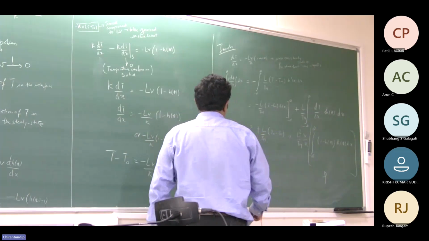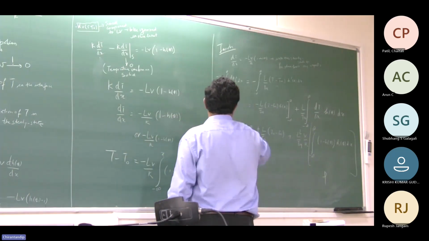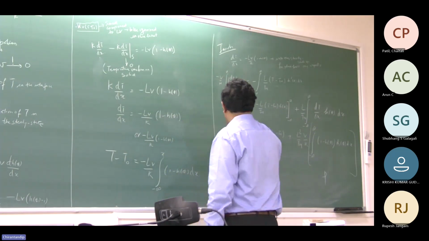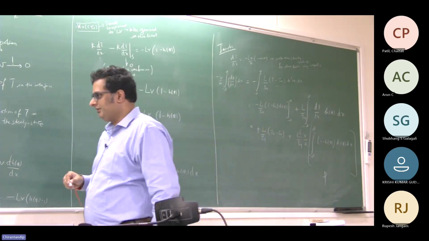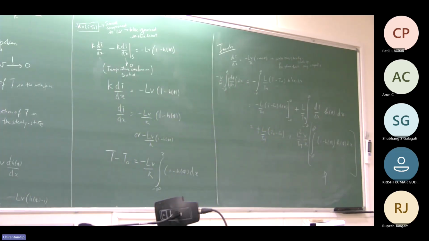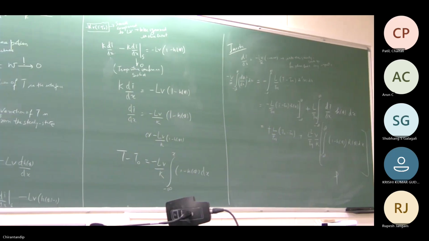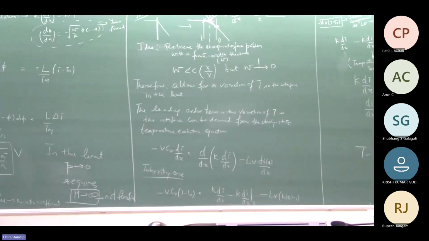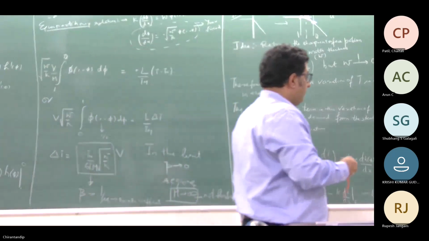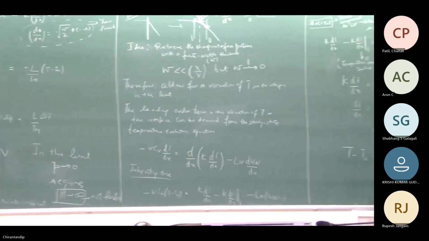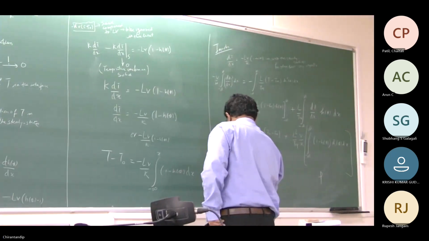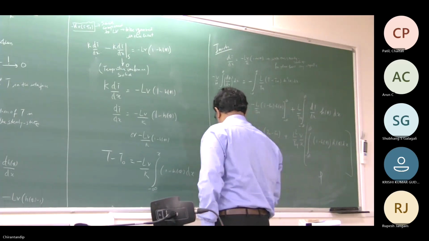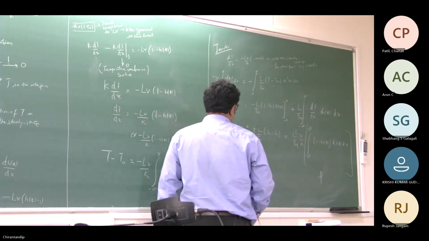So you will then take the left side. This integral we have already evaluated. This integral is what we had over here. It gives this, by 6.